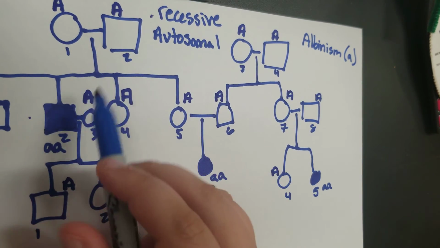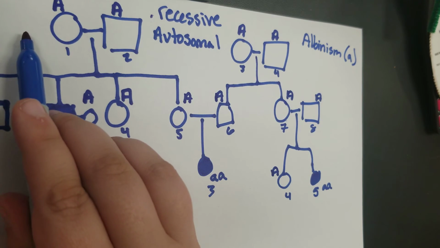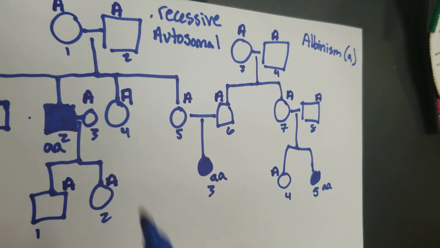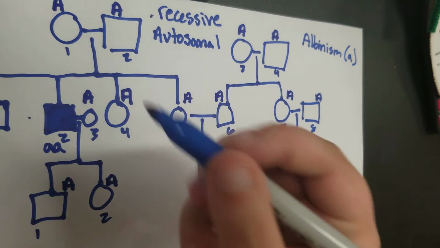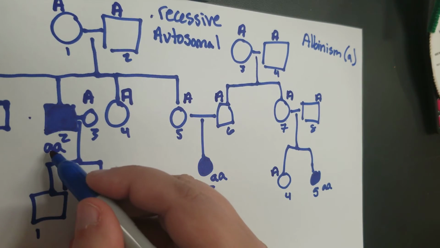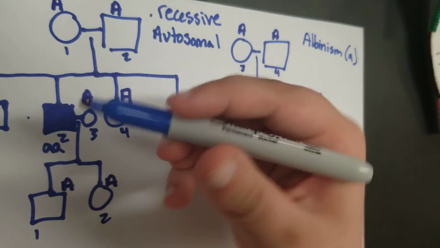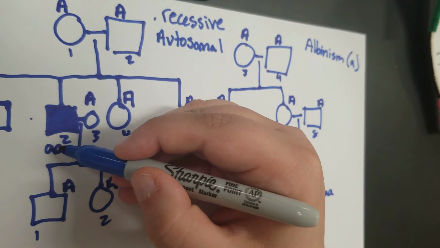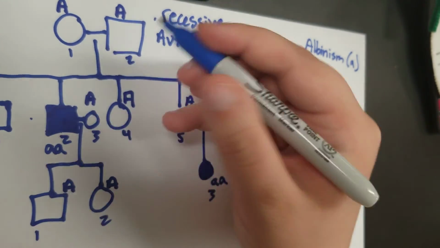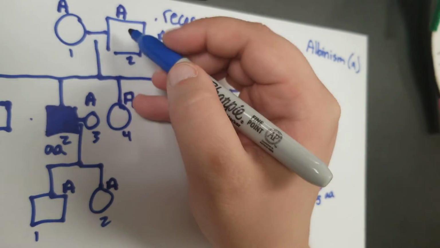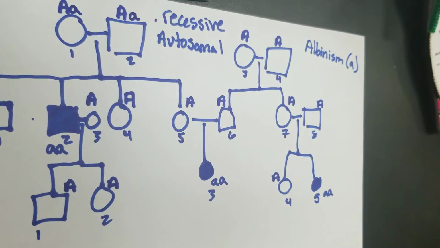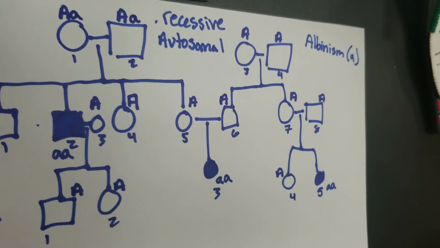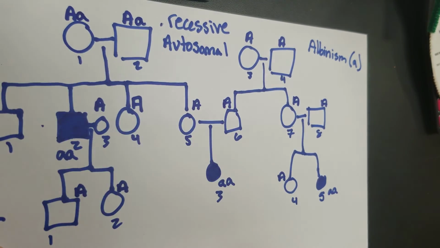If we want to figure out the genotypes for parents 1-1 and 1-2, we already know they have at least 1 capital A. We know that their son here is albino. He had to get one lowercase letter from mom and one from dad. They did not pass on their capital A's, so that means their other letter in their genotype is a lowercase a. So they are heterozygous.